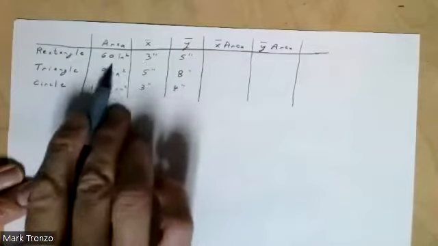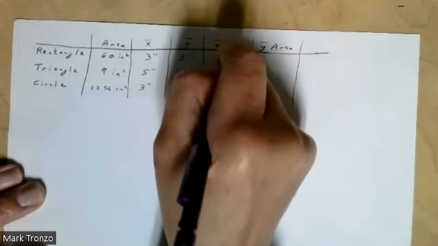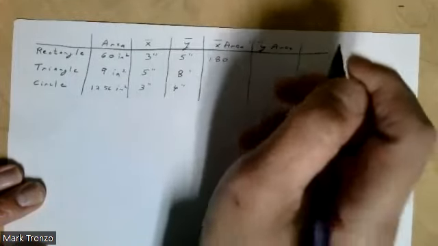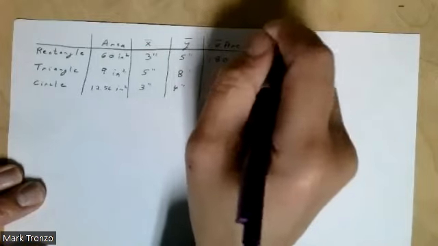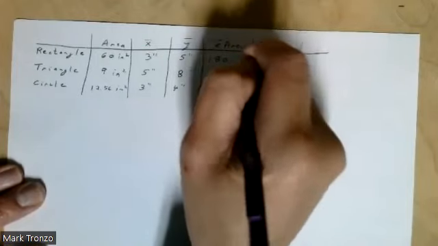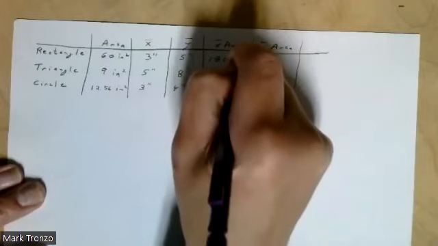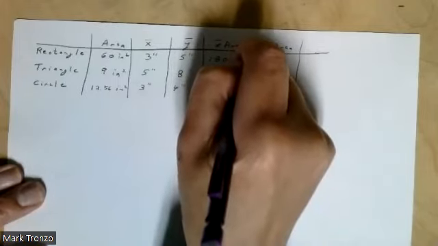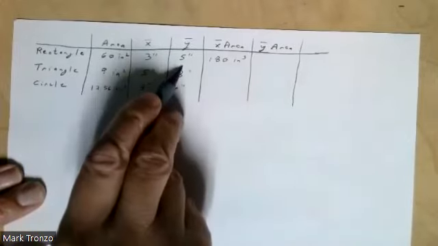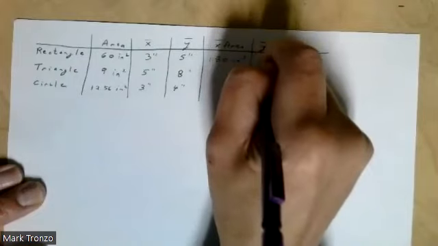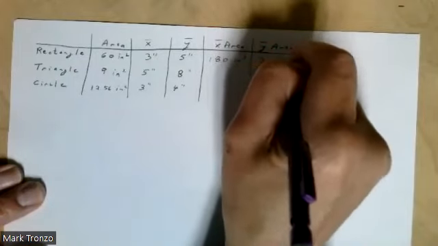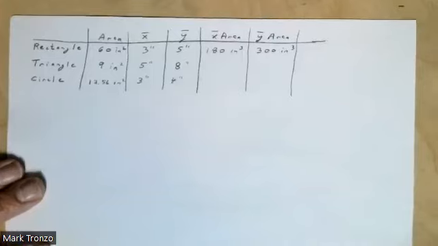So our X bar times our area is going to be 3 times 60, which is 180, and that's actually inches cubed. And Y bar times our area is going to be 300 inches cubed.